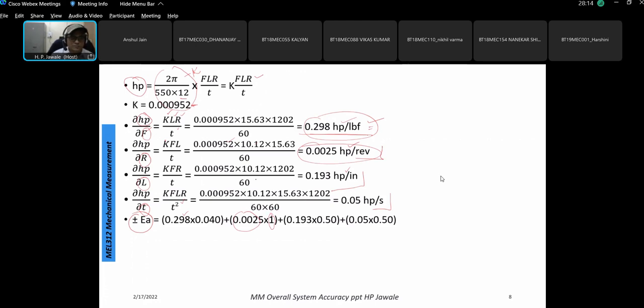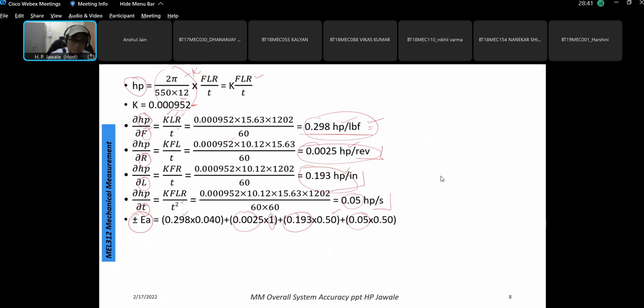Right, then the third element, that is the partial derivative with respect to the length measurement, is here, and we found that there is plus minus 0.5 inch of error possible in the measurement of length. Then the last parameter, that is with respect to time t, is 0.05, the estimated error, and the variation was plus minus 0.5 seconds in the time measurement.